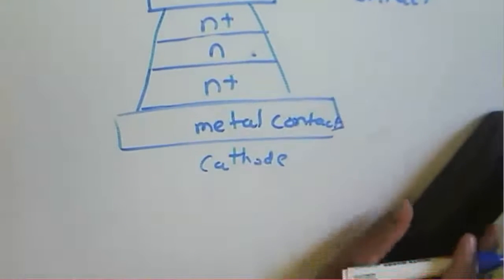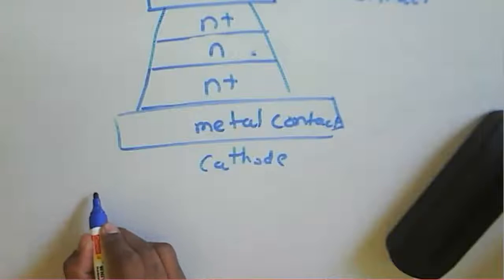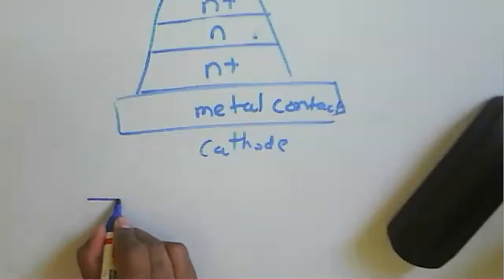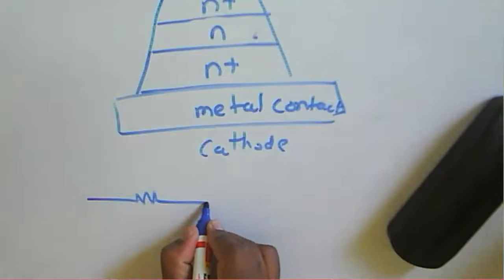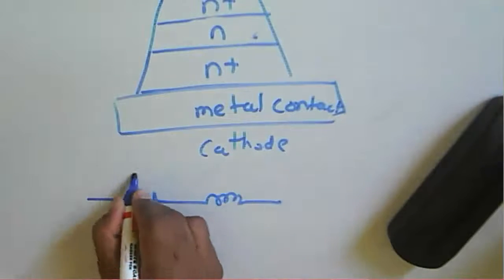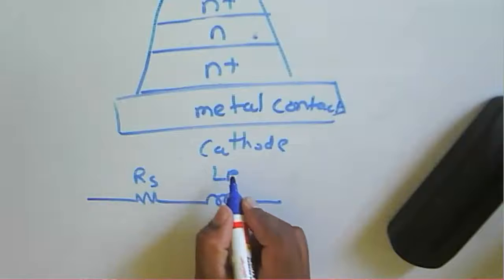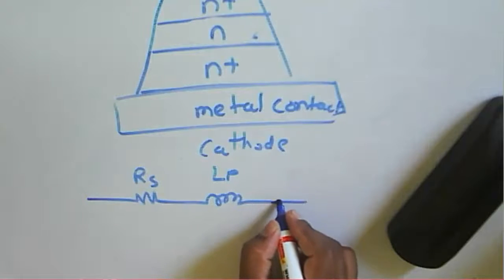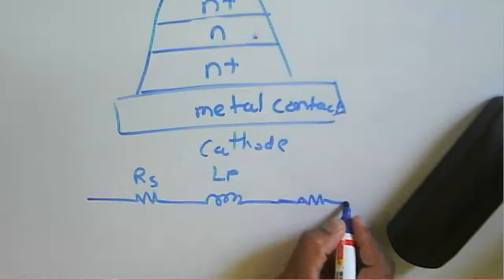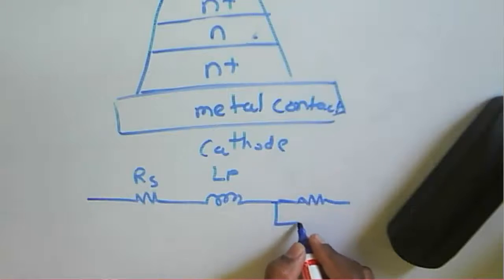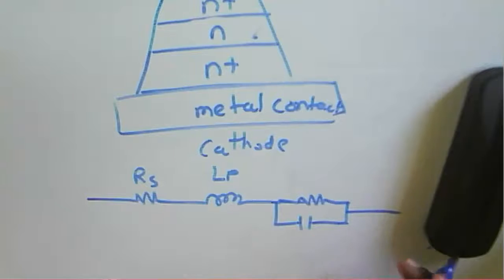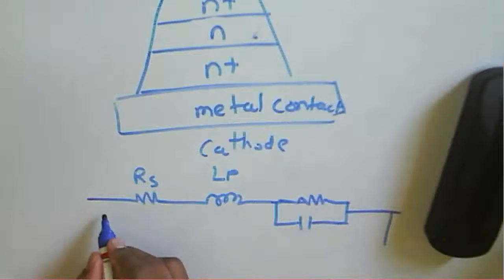And the equivalent circuit here. Generally, for this particular Gunn diode, the equivalent circuit has a resistance Rs, then LP, and then we consider some impedance and a tank circuit.